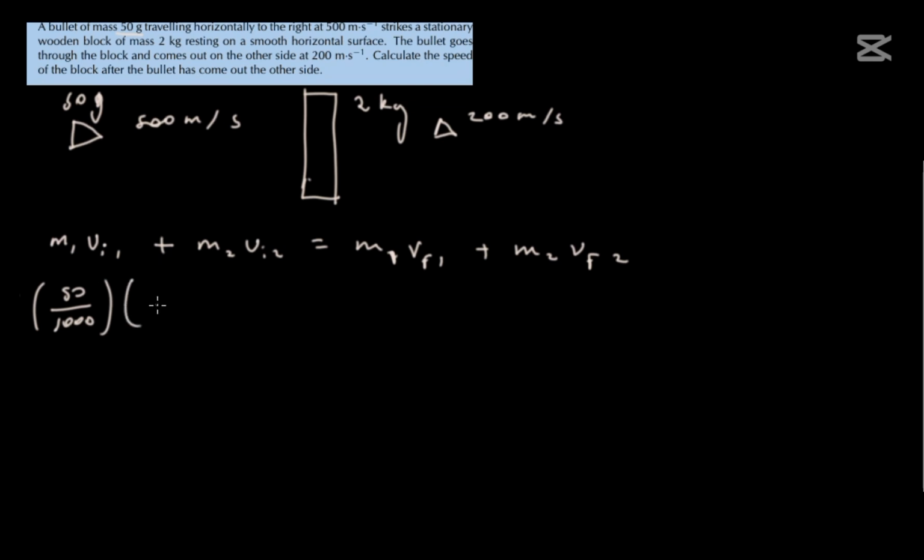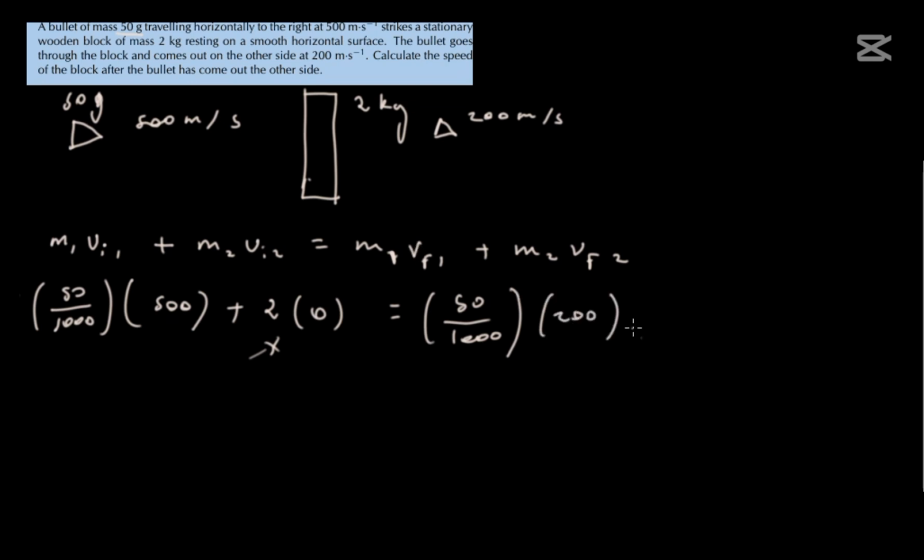Now the substitution will be like this: 50 over 1000, this part we're going to have 500 plus m2 is 2 kg, and the speed is 0, so it's going to make everything 0 over here, equals m1 is 50 over 1000 multiplied by 200 meters per second plus m2 which is 2 kg multiplied by vf2, the thing that we are looking for.